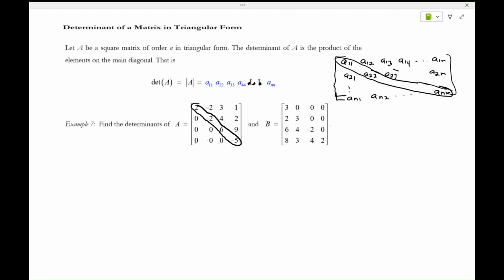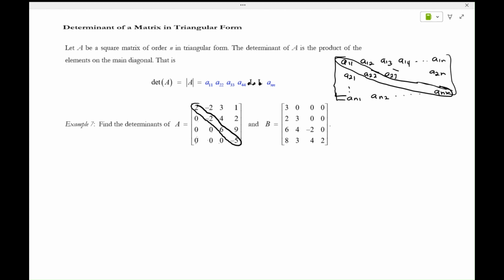Look at the elements below the main diagonal; they are all 0, right?